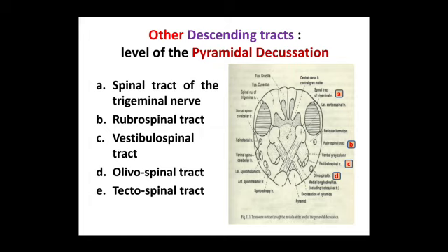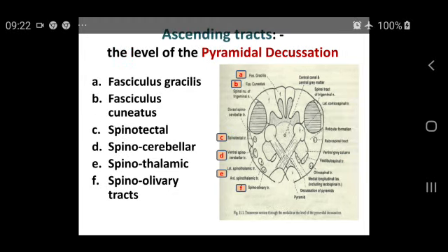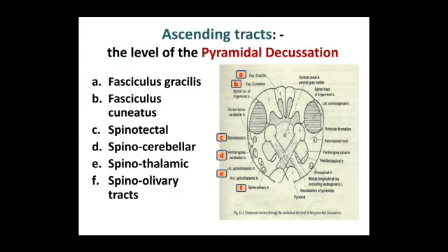So these are all the descending tracts. Next, coming to the ascending tracts. Posterior most you are going to see the fasciculus gracilis and fasciculus cuneatus as A and B. Then spinotectal, spinocerebellar, spinothalamic and spino-olivary tracts. So these are all the ascending tracts.